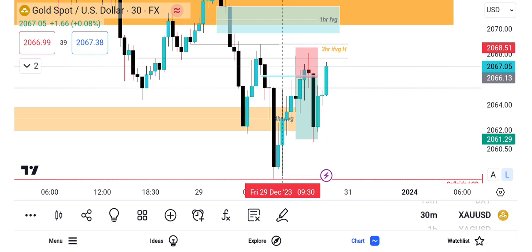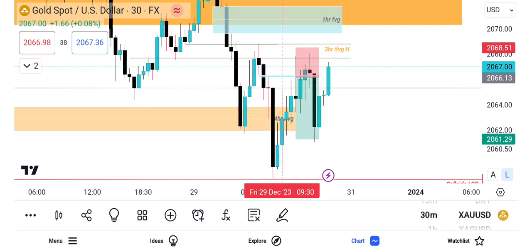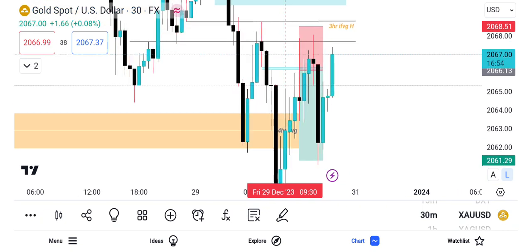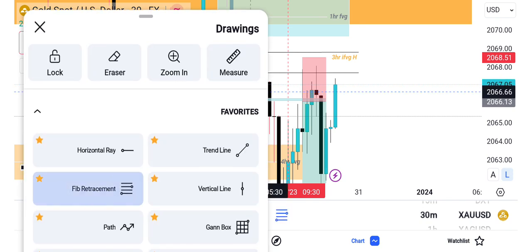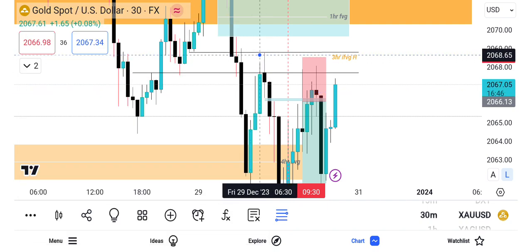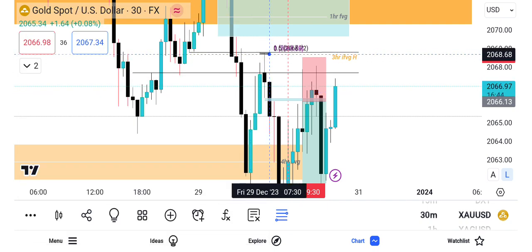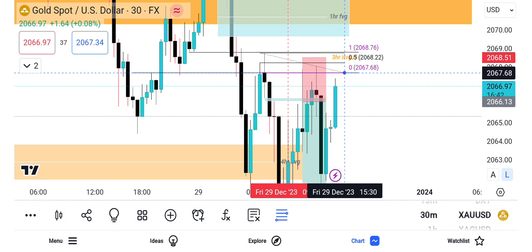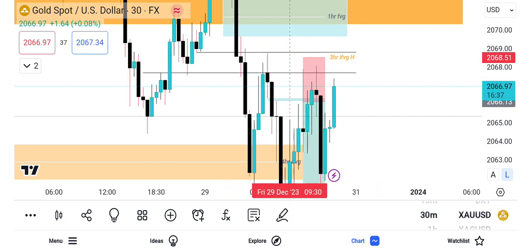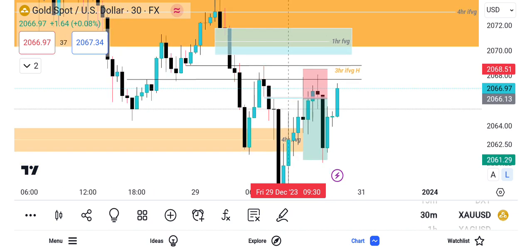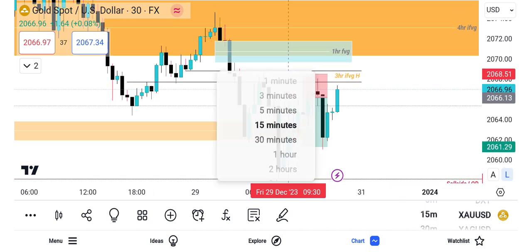Not bad, something worthwhile to learn. We have this wick over here, maybe slightly above the constant encroachment. That's what I could have done, but it was a nice trade, a good trade, worthwhile of learning.